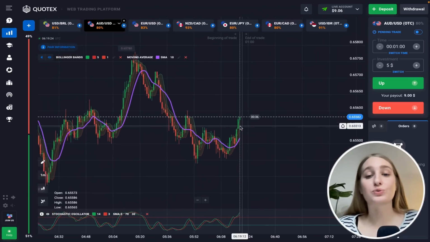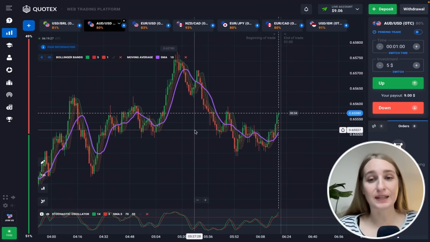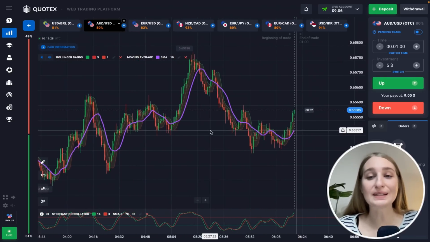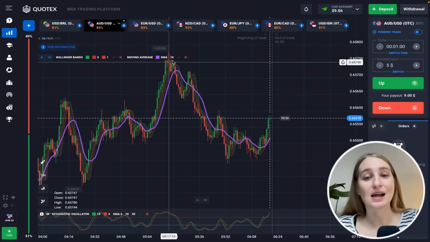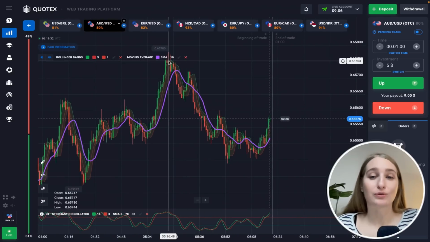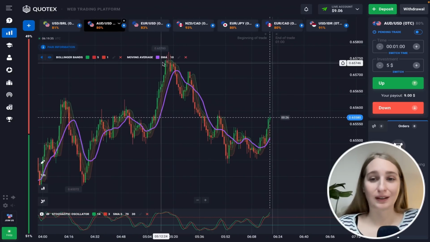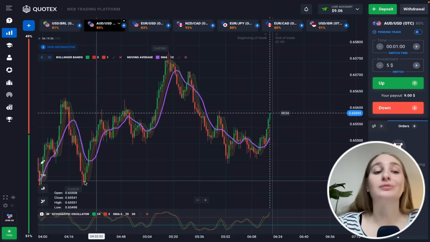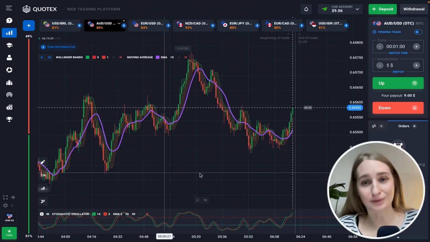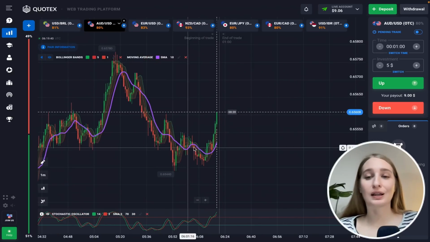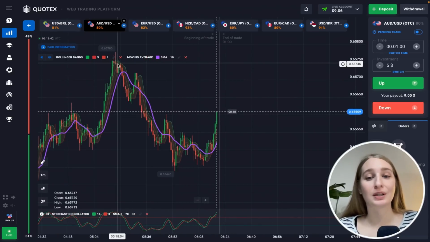So let's go to another currency pair. Let's zoom out again a little bit, and again it is pretty volatile. You see this resistance level right over here, and a support level.